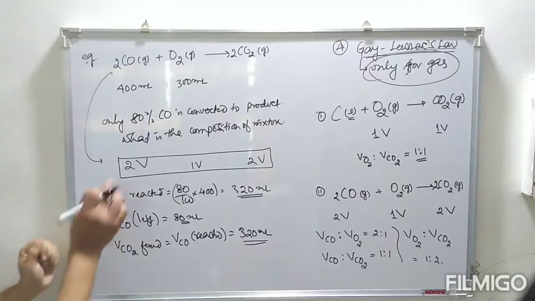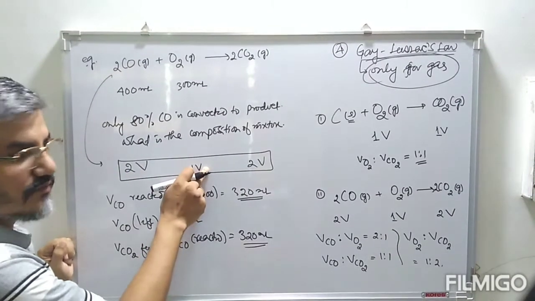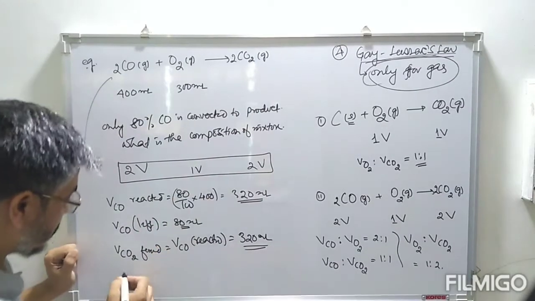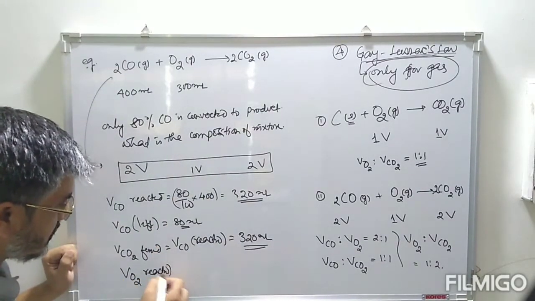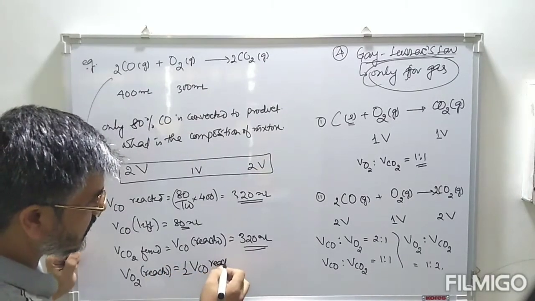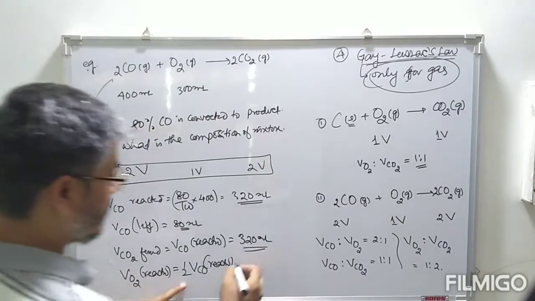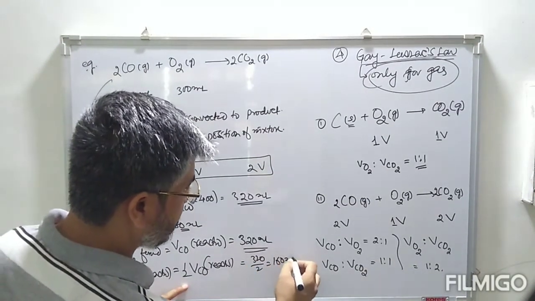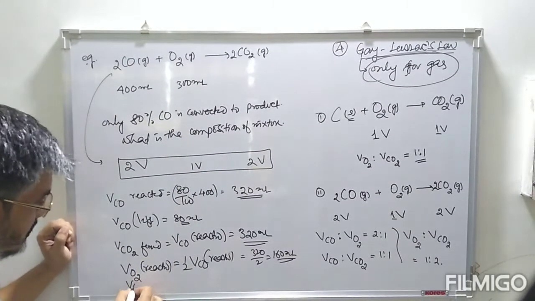Every 2 volume of monoxide requires 1 volume of oxygen. So 1 volume of monoxide requires half volume of oxygen. So therefore, volume of oxygen reacted is equal to half of volume of monoxide reacted, because of this 2:1 ratio. So this is 320 by 2, that is 160 ml. So 160 is consumed. So how much is left?